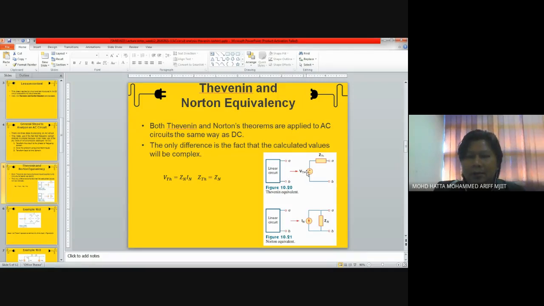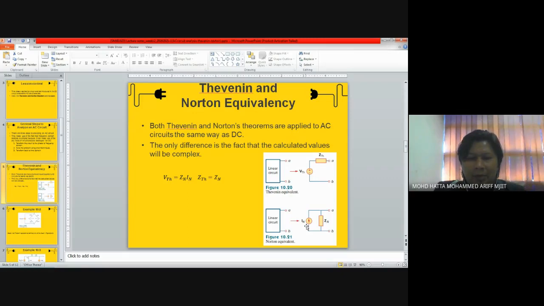And the most important thing for Thevenin is that the voltage should be in series. And for a Norton equivalent circuit, or when we try to simplify our circuit using Norton theorem, what we are looking towards the end is that we try to find out what is the Norton current, and also what is the value of Norton impedance, or Zn over here.